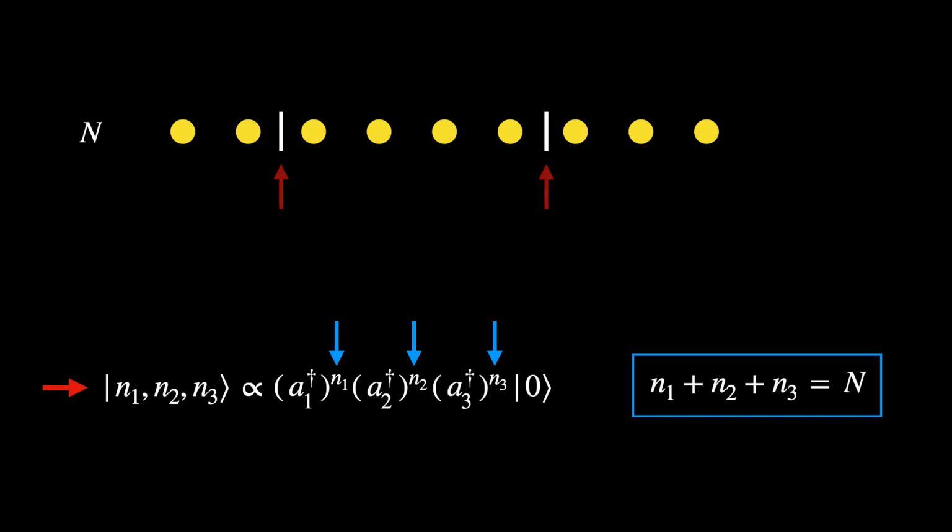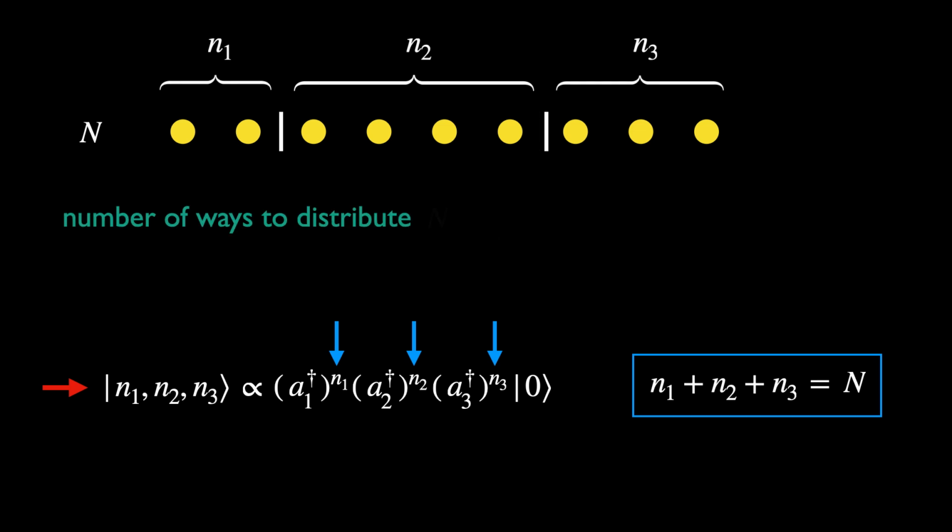For example, here's one way we could insert the partitions. The first section corresponds to n1, the second n2, and the third n3. Another example, if the 2 partitions are inserted into the same place, n2 equals 0.